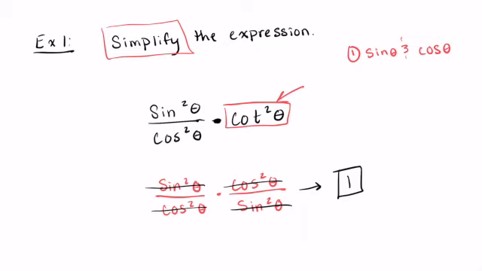So again, try to get everything in terms of sine theta, cosine theta. I see cotangent squared of theta. I'm going to rewrite that as cosine over sine. And then that makes my problem easy because I know that everything will cancel.